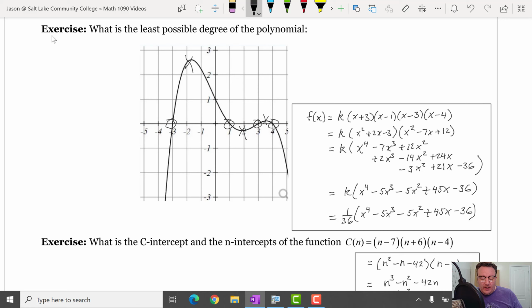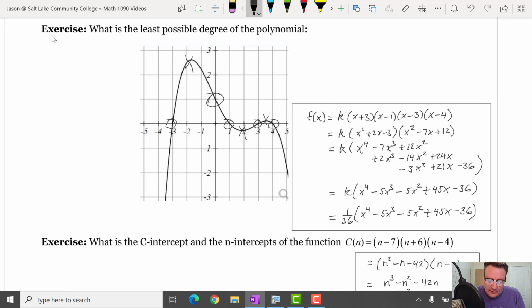If we wanted to figure out the actual polynomial, which this problem doesn't ask us to do, but is a favorite idea on exams: can you figure out what polynomial this is? What is the actual function? That's what I've done here in this box.